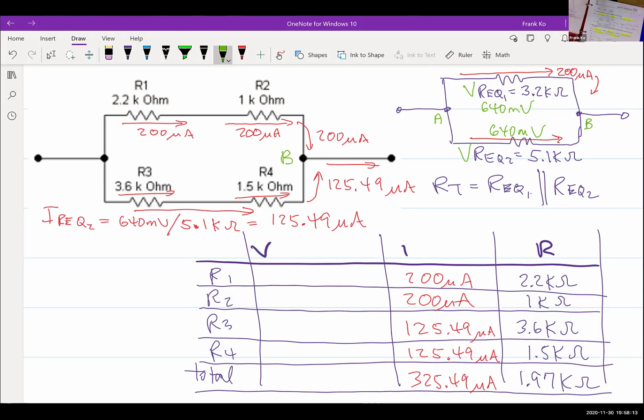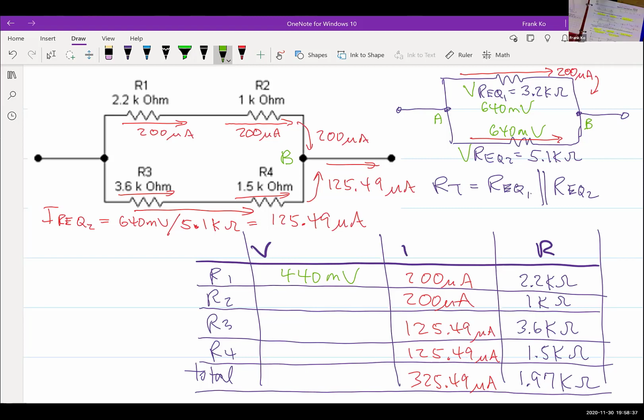I can calculate a voltage here. So the voltage for VR1, Sarah, what do you have? 440 millivolts. And the voltage across R2?